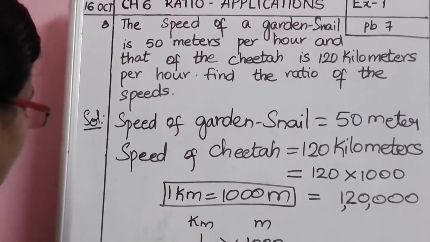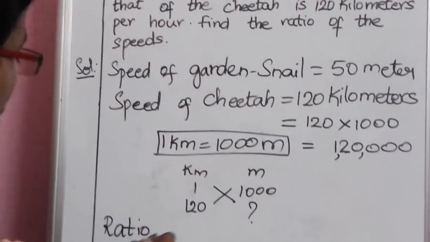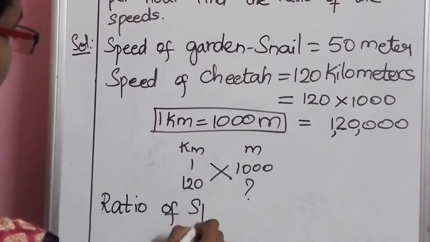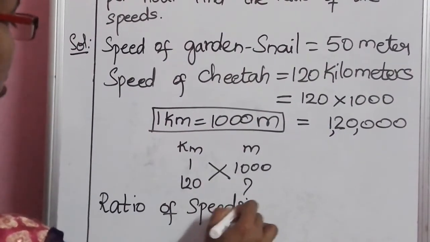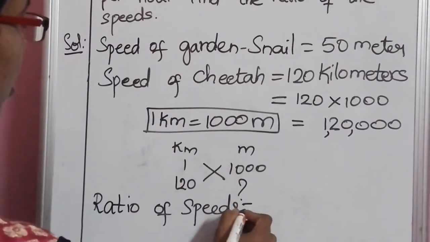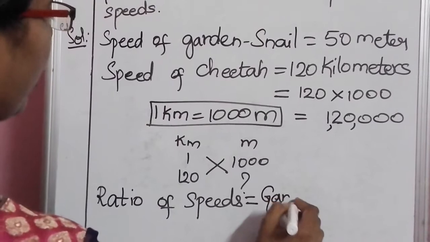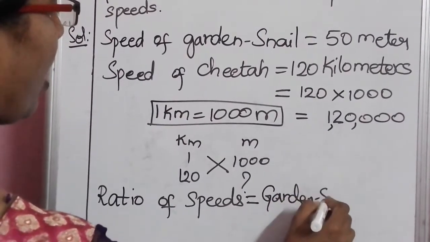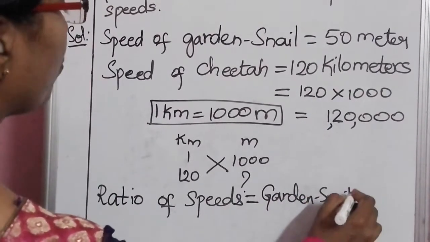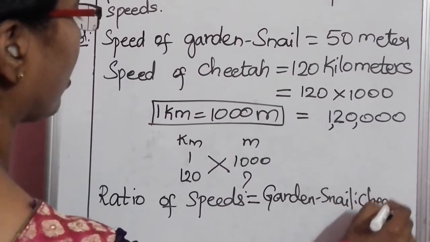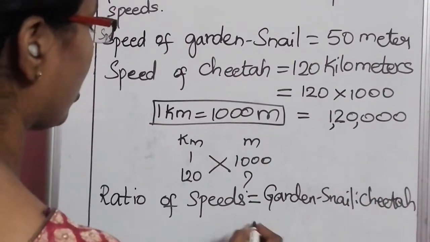Okay, let us find the ratio of the speeds. That is what they have asked. Ratio of speeds. First I am going to take the garden snail, garden snail is to cheetah.